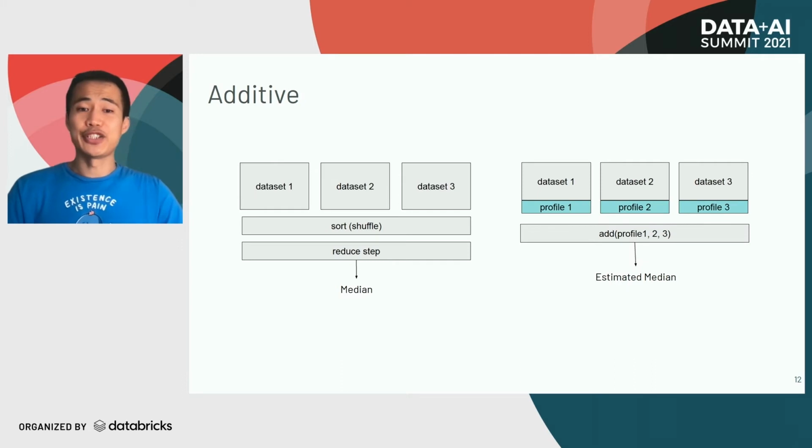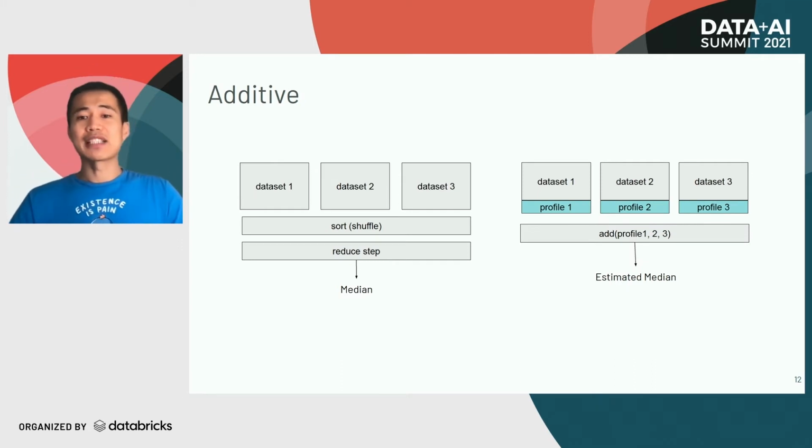The additive nature of profiles: because you're running it in a very distributed manner, whether in a Spark job or in a distributed real-time inference model, you can add these results directly without having to do expensive I/O operations. What I mean by that is, for example, calculating the median of a stream of numbers.